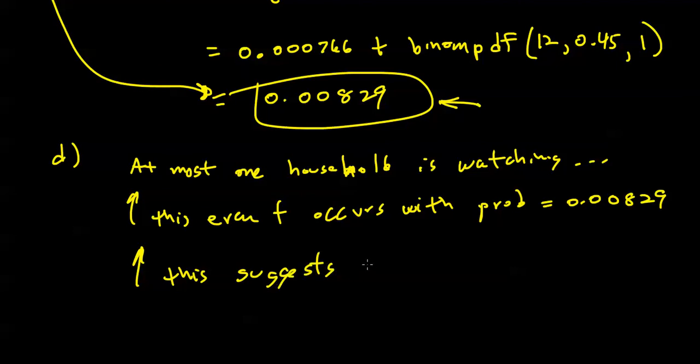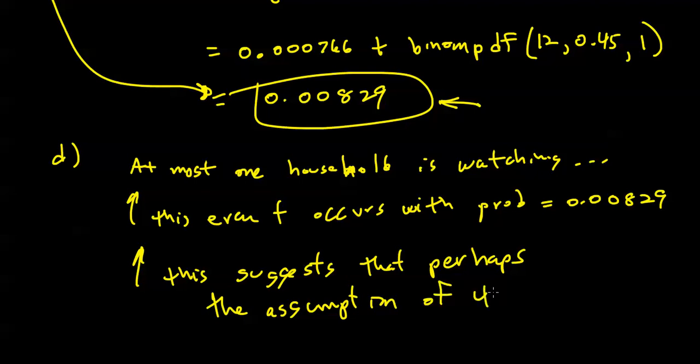This suggests that perhaps the assumption of a 45 share is wrong. It doesn't prove it, but mainly suggests it. And this foreshadows some things we're going to be doing later on down the line.